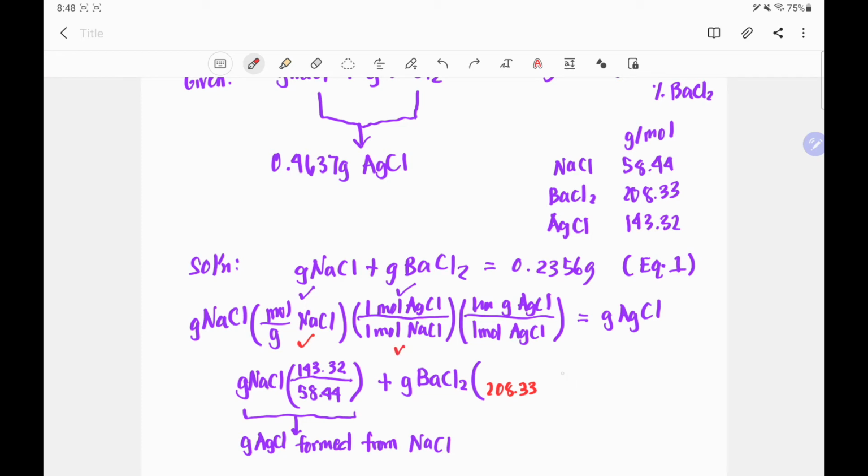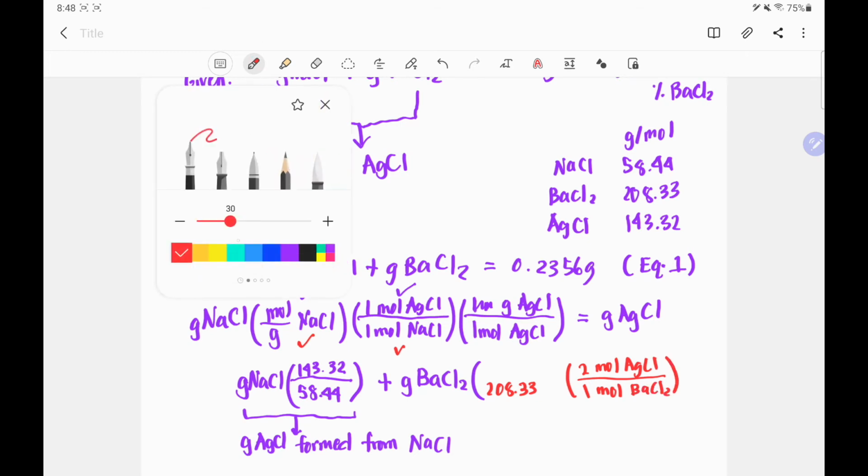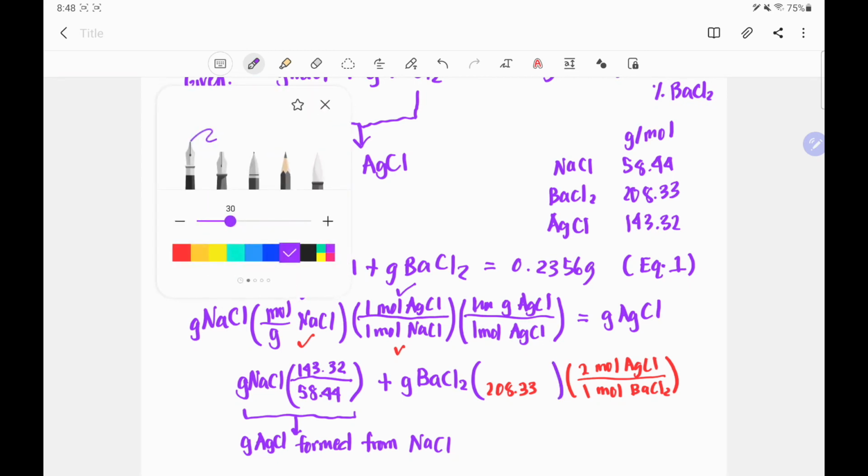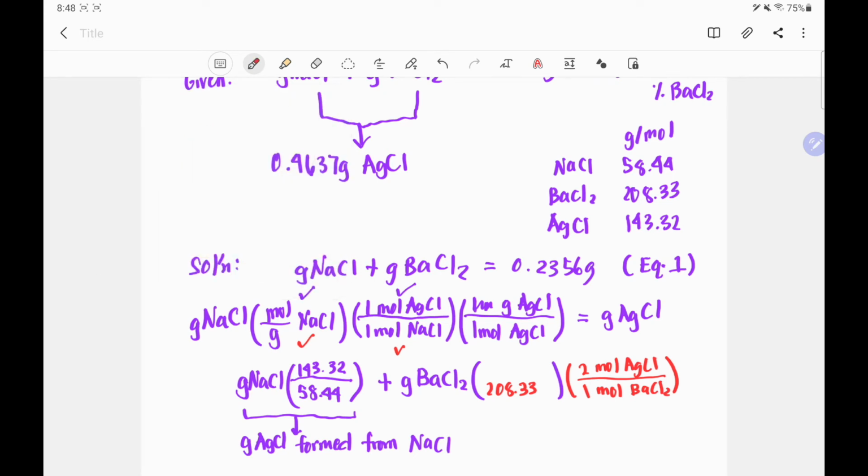So for barium chloride, there are 2 moles of silver chloride for every 1 mole of barium chloride. Again, because there are 2 chloride ions in barium chloride and 1 in the final silver chloride solid. Now let's multiply by the molar mass of silver chloride.